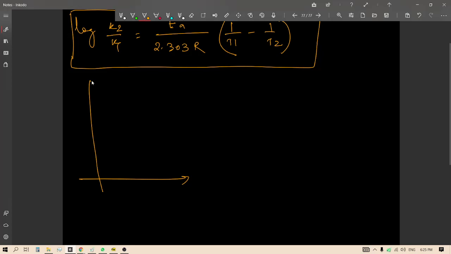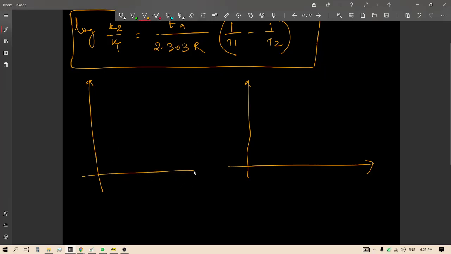Bear some patience with me so that I can draw these diagrams. And let me mark it.